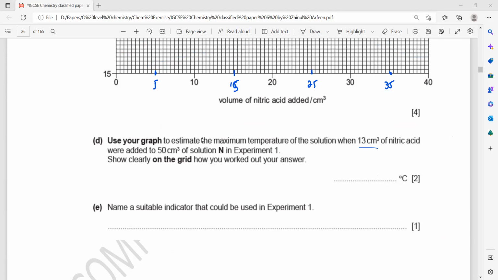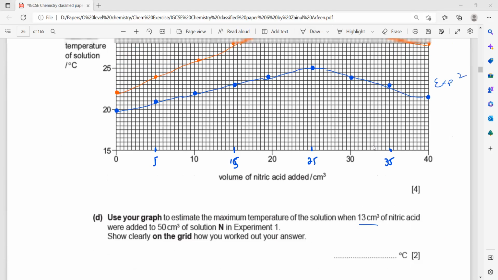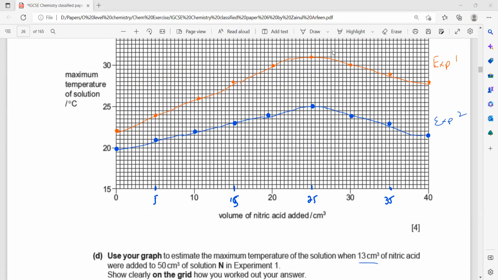So you have to estimate the maximum temperature of a solution when 13 cm cube of nitric acid was added to solution N. So solution N is the first one, 13 cm cube of nitric acid. So you will mark a point, like this is 11, 12 and 13. And you have to show clearly on the graph. So you have to draw these lines. So draw a line and work out the temperature.